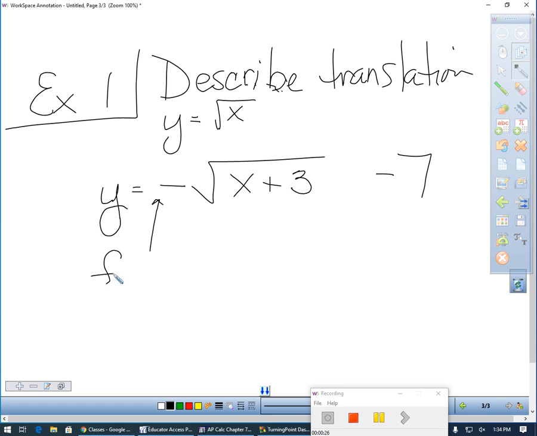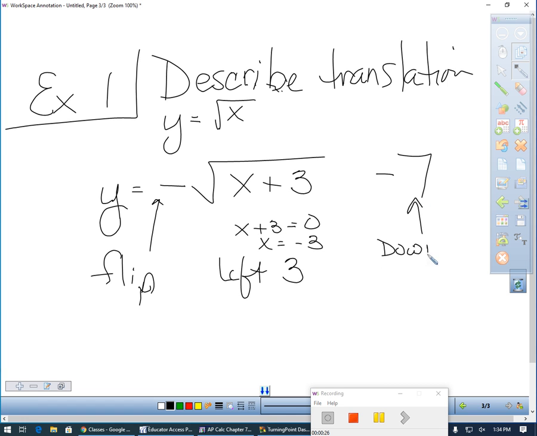Flip. So it actually is going to be flipped underneath. Underneath here, remember that you have to take this technically and set it equal to 0 and solve it. This tells us we're going to the left 3. And this one told us we were going down 7.